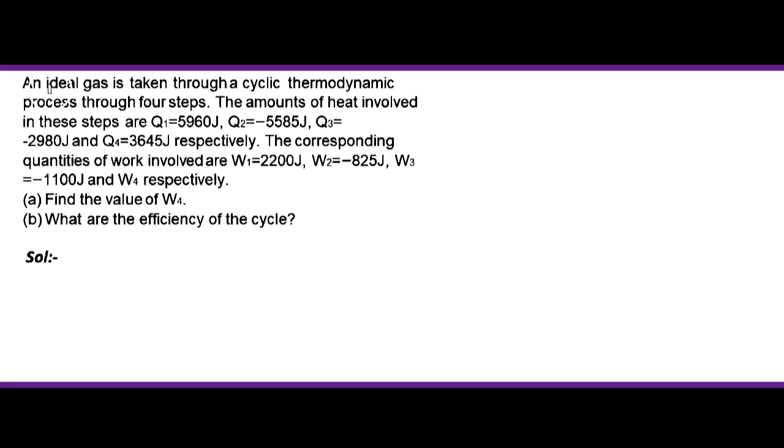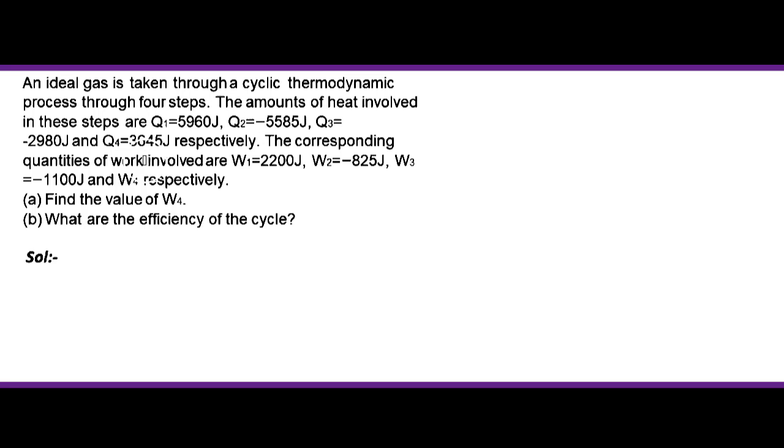तो क्वेश्चन में हमें क्या गिवन है, एन आइडियल गैस इज टेकन थ्रू अ साइक्लिक थर्मोडायनेमिक प्रोसेस थ्रू 4 स्टेप्स। तो एक आइडियल गैस है जिसको हम एक थर्मोडायनेमिक प्रोसेस के अंडर मूव करवा रहे हैं थ्रू 4 स्टेप्स। ओके, द अमाउंट्स ऑफ हीट इन्वॉल्व्ड इन दीज स्टेप्स आर Q1, Q2, Q3 and Q4.